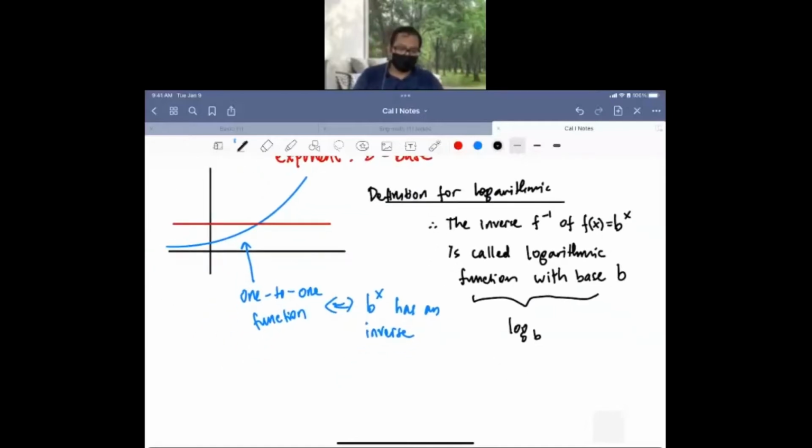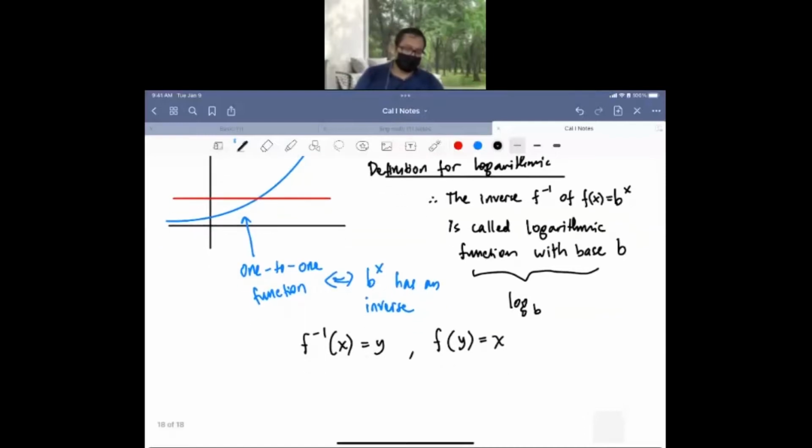And then by definition from the inverse, if we remember correctly, if we take the function itself, this will be equal to x. And if we have log base b of x is equal to y, then we can also write in terms of exponent, this will be the result.